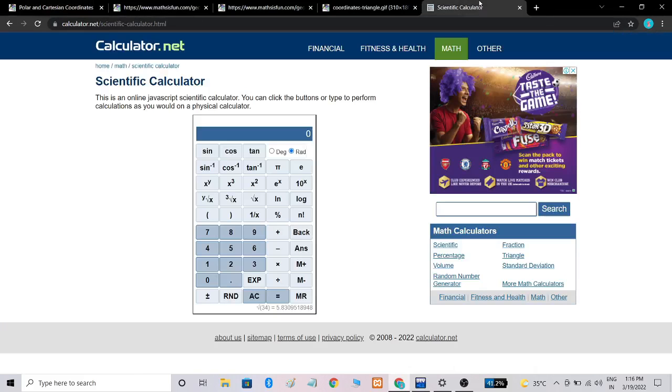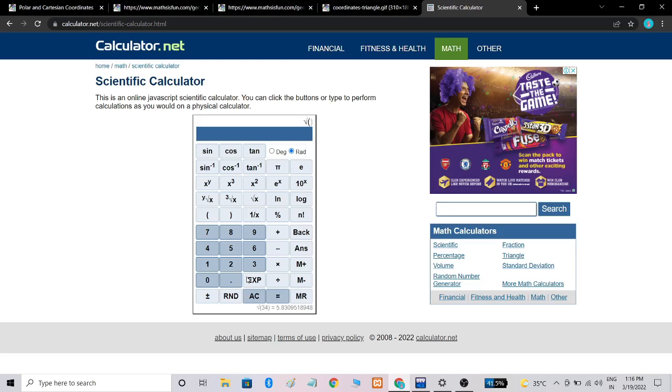Okay, here I have the scientific calculator. We have taken x and y as 5 and 3. So r equals the square root of x square plus y square. So 5 squared is 25, plus 3 squared is 9, 25 plus 9 gives 34. So what is the square root of 34?